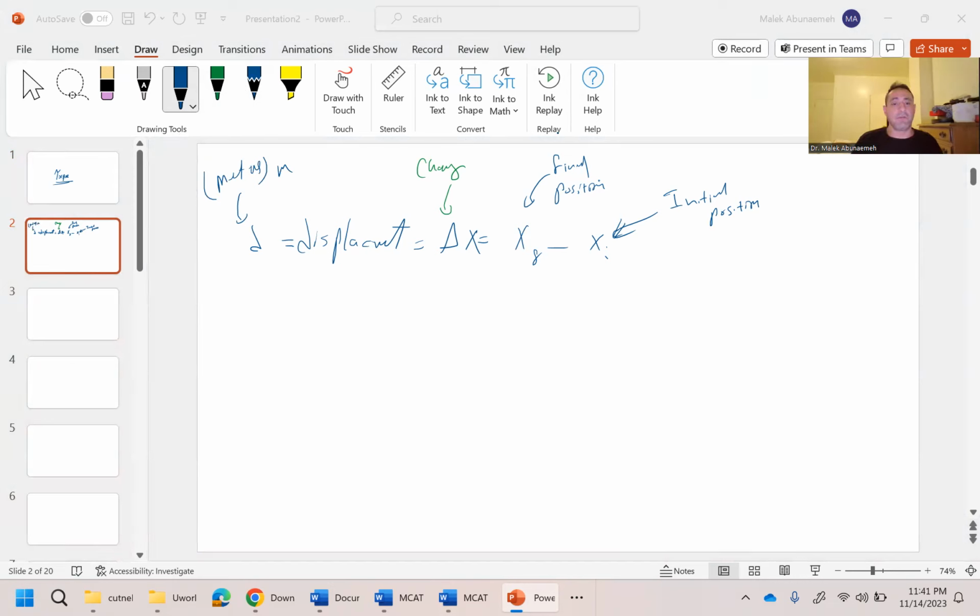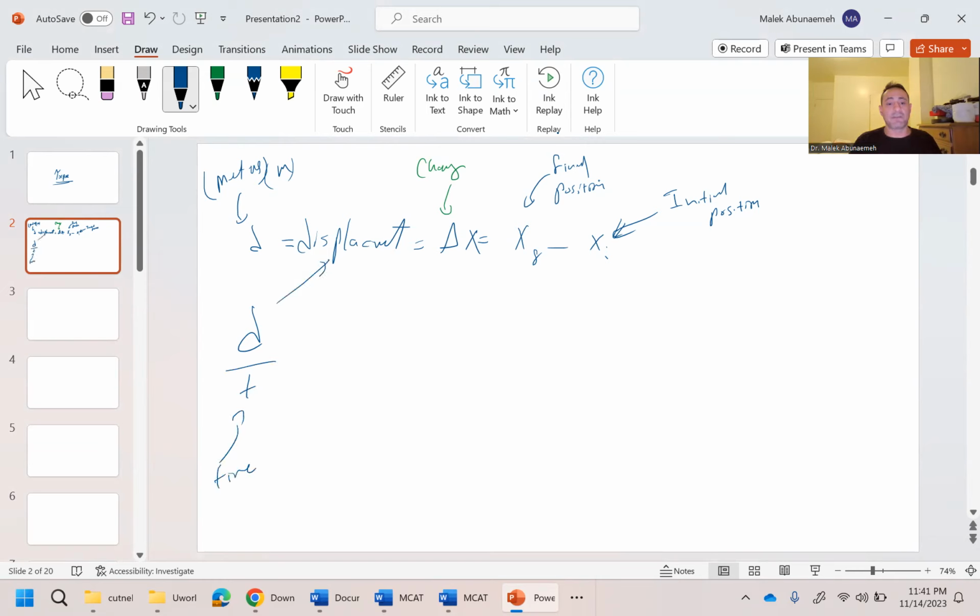Now you take this distance that we're going over an amount of time, and we give time the letter T. So this is displacement over time, and what we're going to get is something called velocity. We give it a letter V, which is mainly your distance over your time.